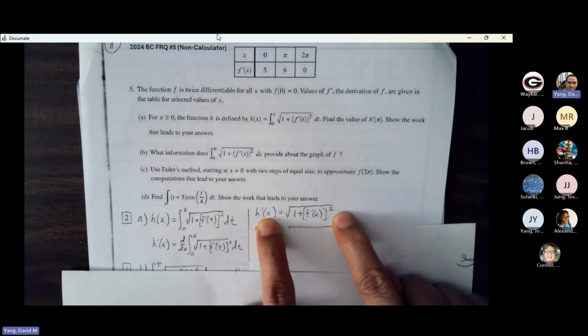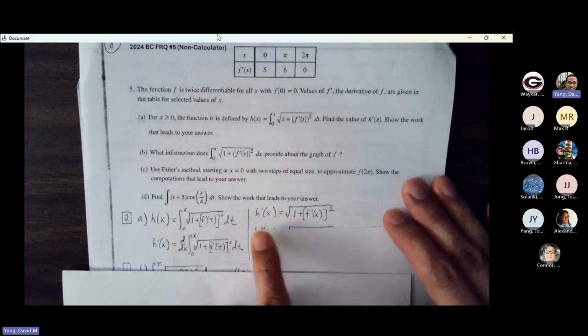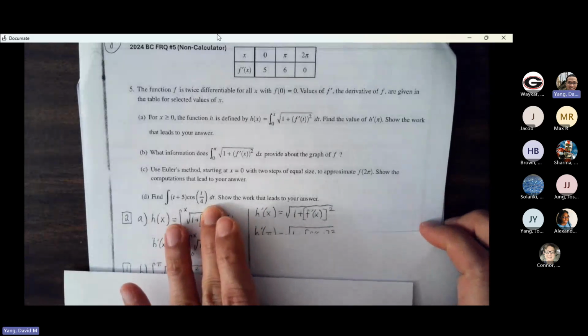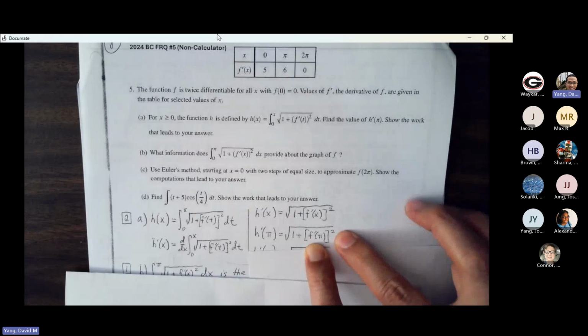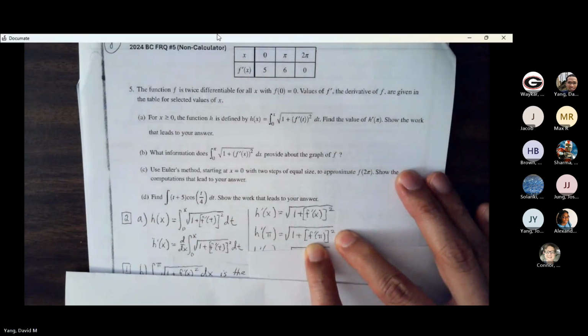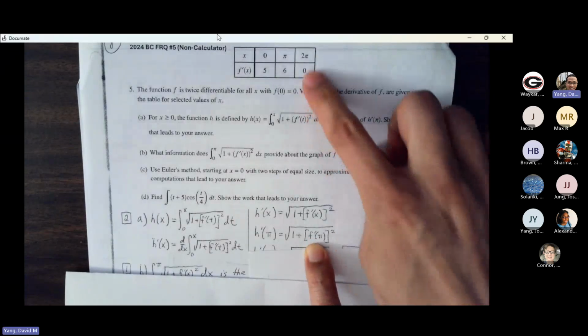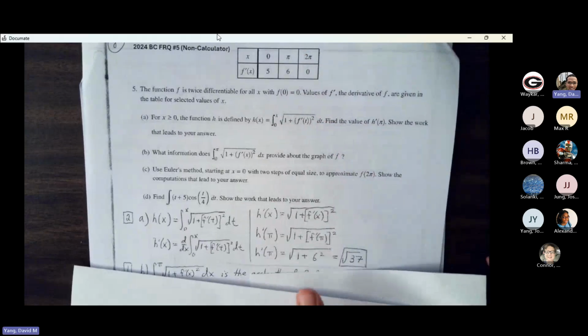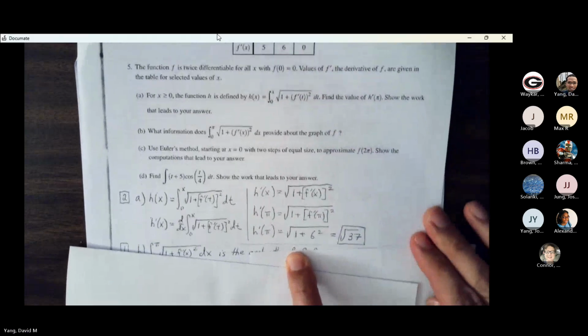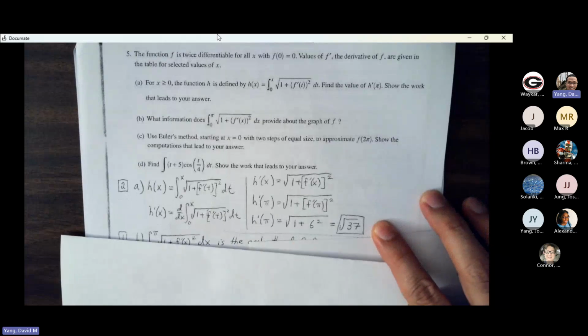So h prime of pi is just going to be square root of 1 plus f prime of pi squared. And we know f prime of pi is 6. And 1 plus 6 squared is 37. And then root 37 is our answer.